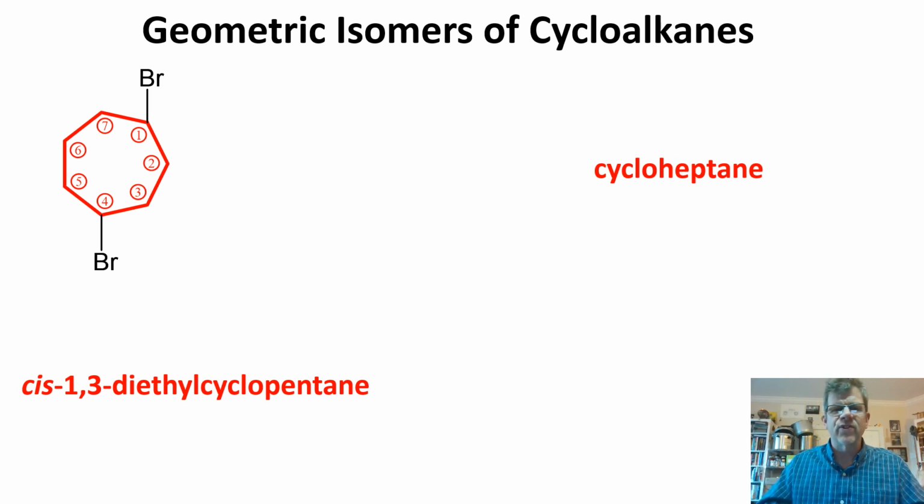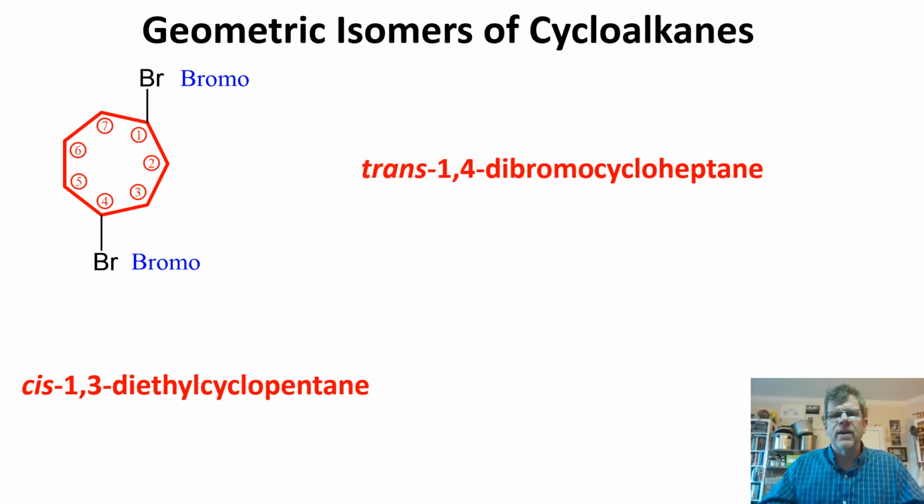And what are those substituents? Well, they're bromos, two bromos, dibromo. So we put this together. If we have a bromo at the 1 and a bromo at the 4, it is 1,4-dibromocycloheptane. But notice what we put in here, this trans.